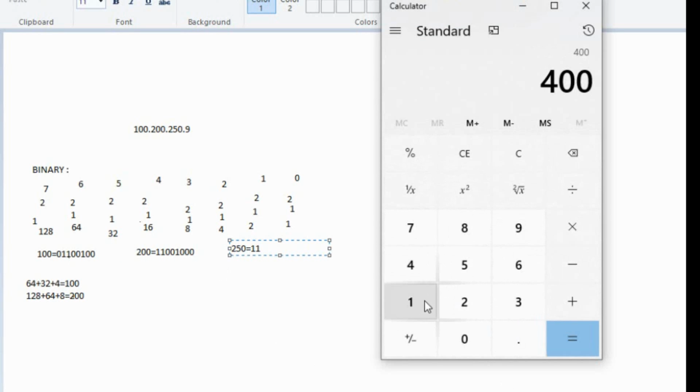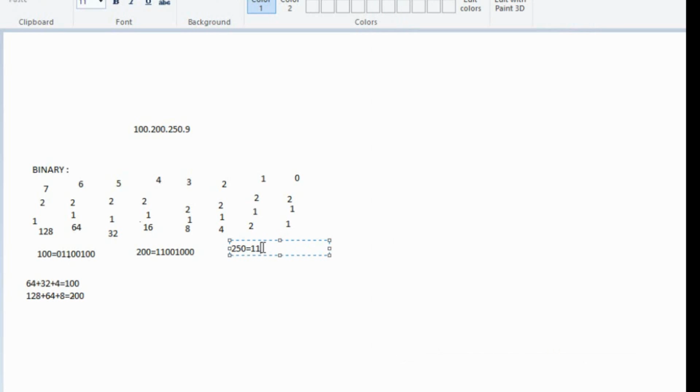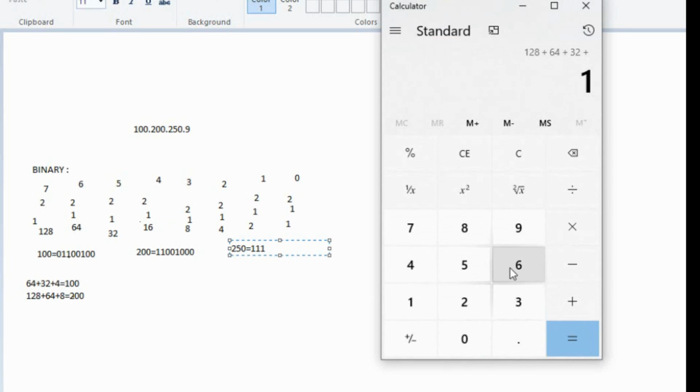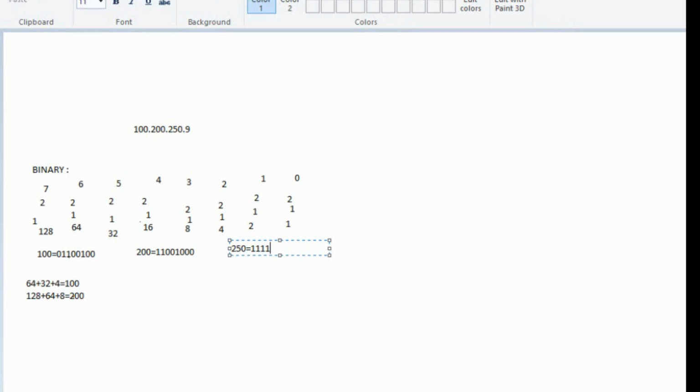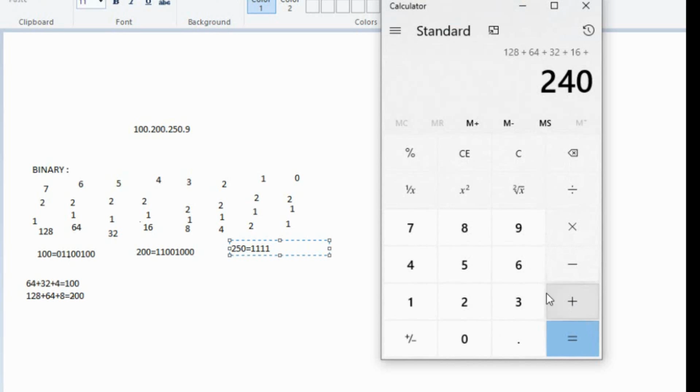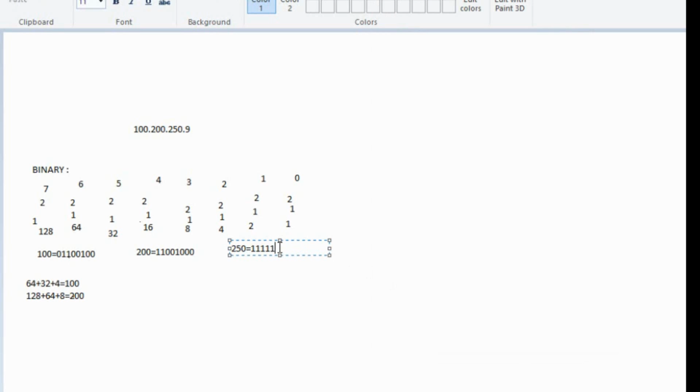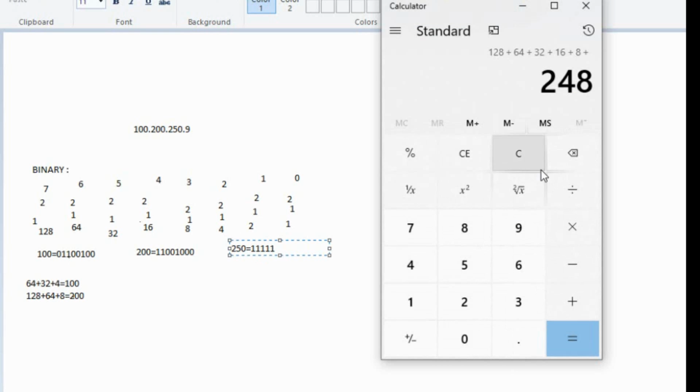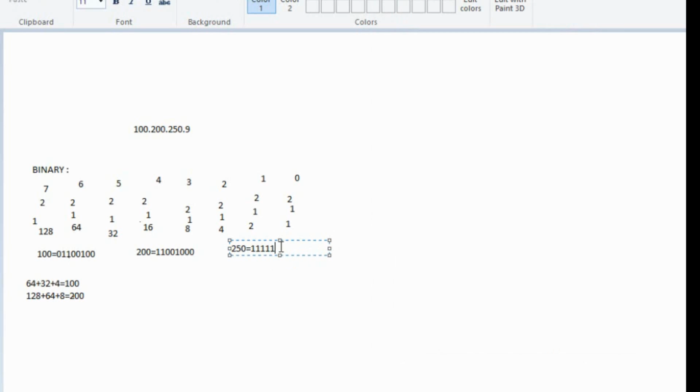So 128 plus 64, plus 32 bit, yes, we can take 32 because it's still below 250. 16, yes, we can take 16, and 8, still below 250, so on bit. 4 we cannot take, because if we put an on bit for the 4, it will exceed 250. So we have to put off bit 0.